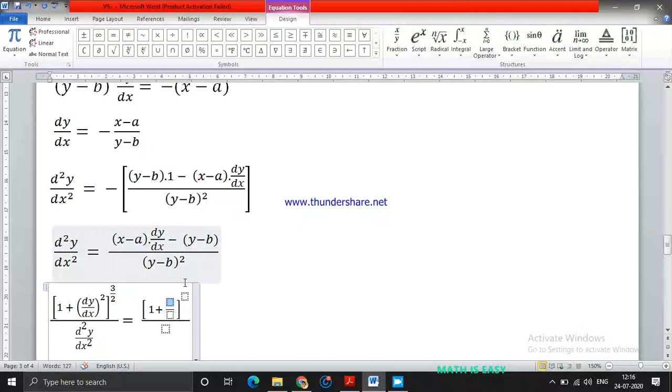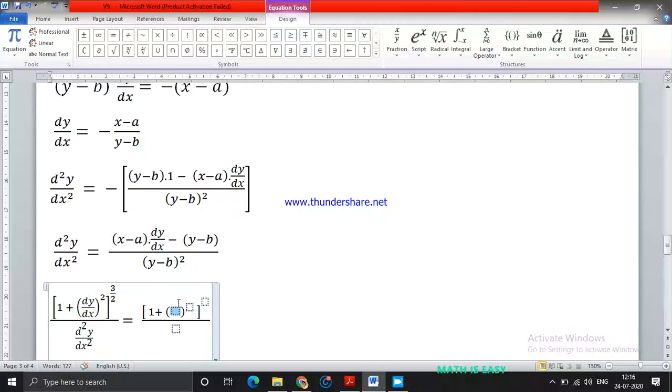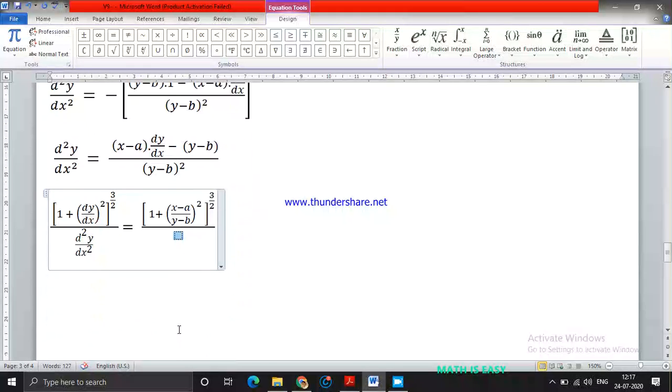First I need an exponential, then a bracket, then a fraction. So here you will get x minus a upon y minus b whole square, and here you will go upon 3 upon 2, and the denominator is d square y by dx square.